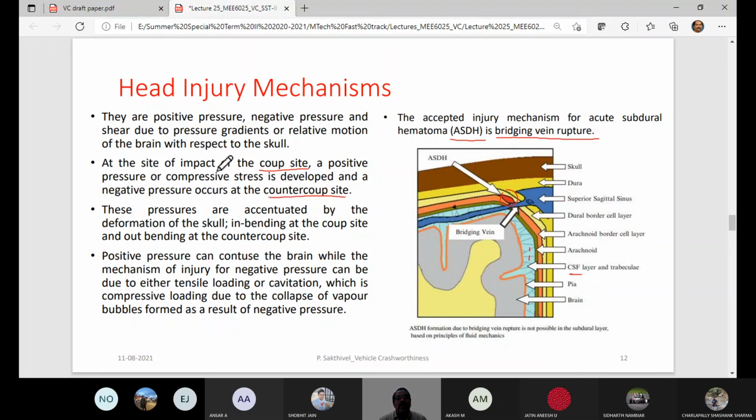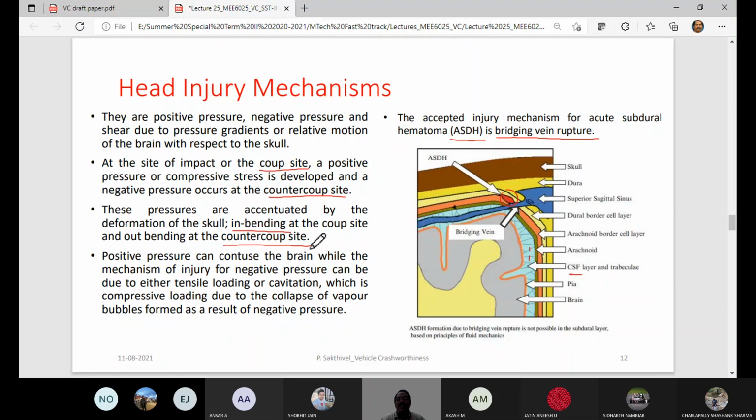There you get a negative pressure. These pressures are accentuated by the deformation of the skull, inbending of the coup side and outbending of the countercoup side.